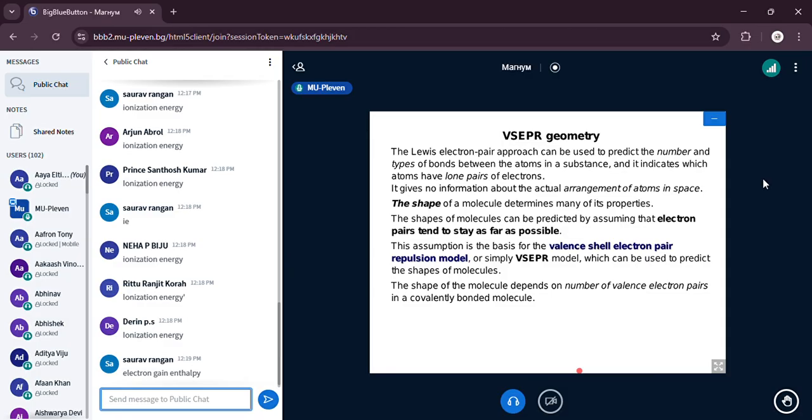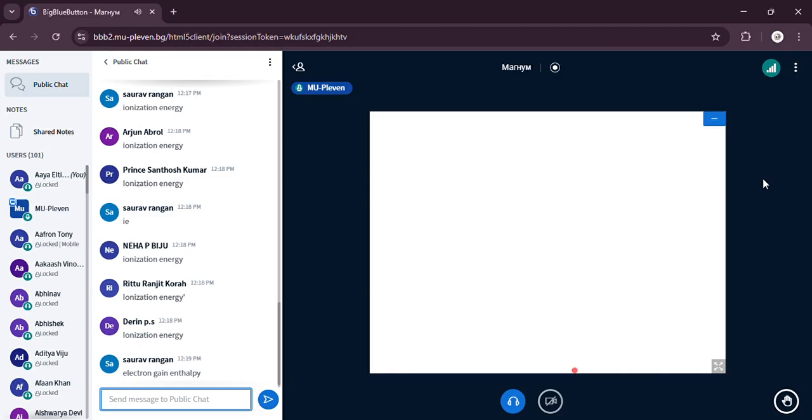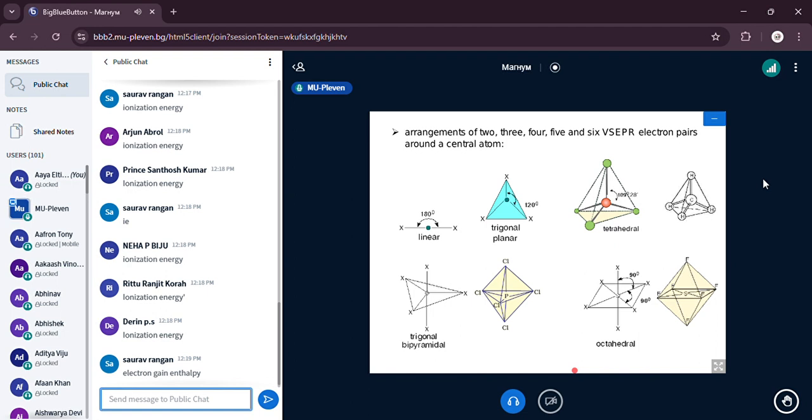So it is easy to characterize the shape of molecules according to this model, depending on the number of electron pairs in a covalently bonded molecule. In case there are 2 electron pairs around the central atom, like in this example, the shape is linear.